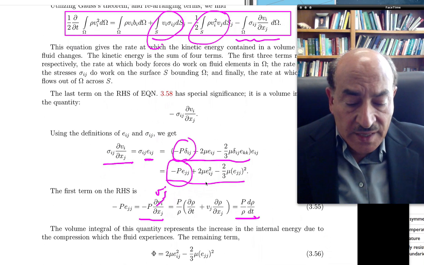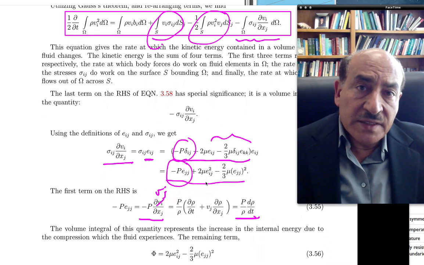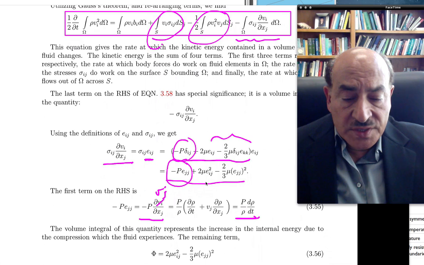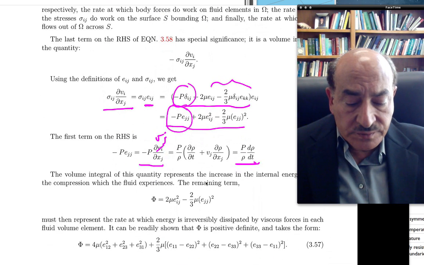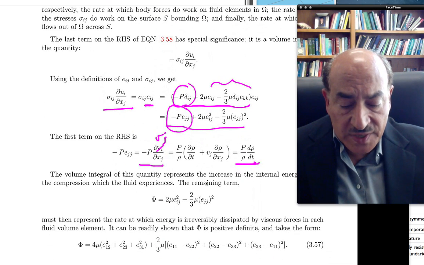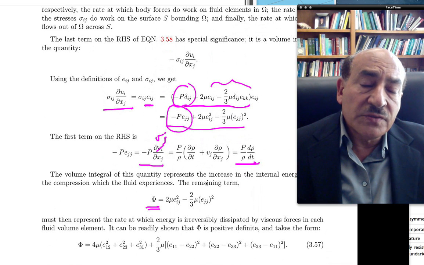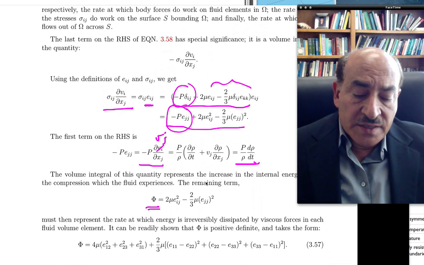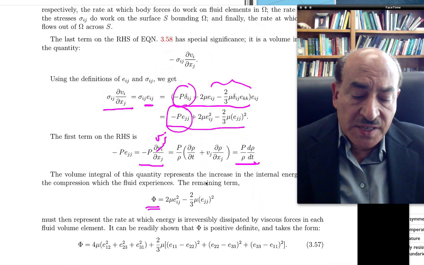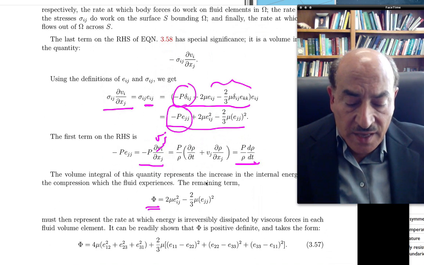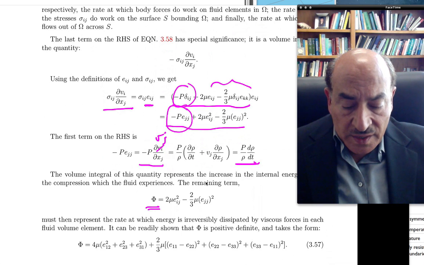The last two terms on the right hand side are associated with the viscosity, so we will lump them together in a function called phi, and phi is 2 mu Eij squared minus 2/3 mu Ejj all squared. And notice that this is different from Eij squared.